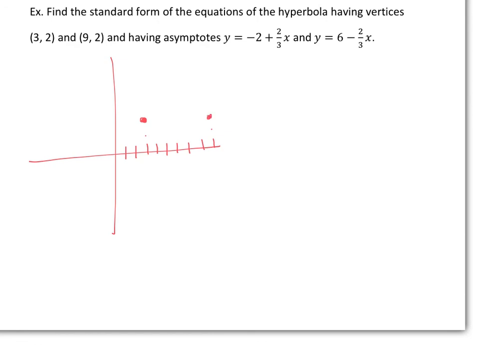So if those are my vertices, my hyperbola has to be going this way. From this information, I could also figure out the center between these two would be right here. This one was at 3, this one was at 9, so the middle is going to be 6. So I know my h, k is 6, 2.